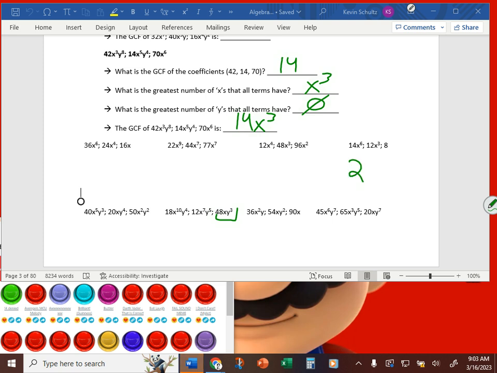Then we look at how many x's every term has. First one's got 6. Second one's got 3. Third one has 0. So is x a common factor between all 3 terms? No. So the greatest common factor for this one would just be 2. That's all that each one has.